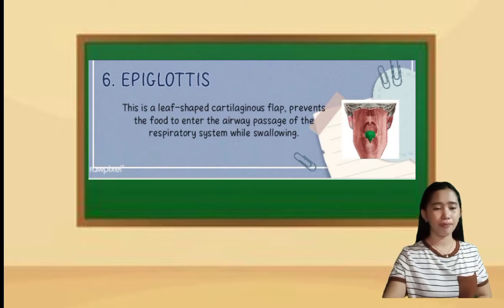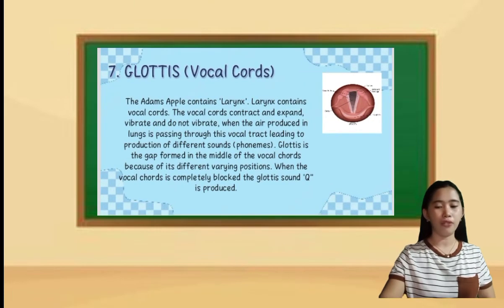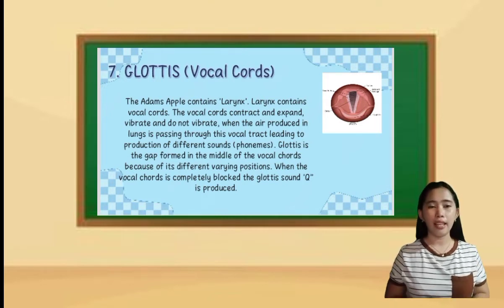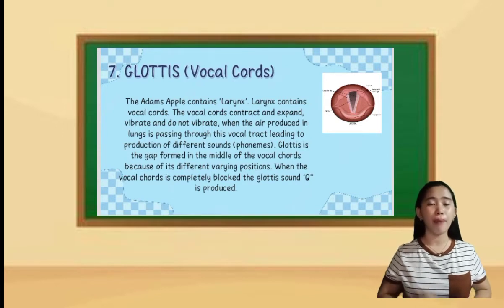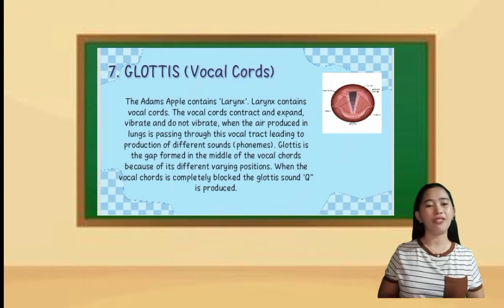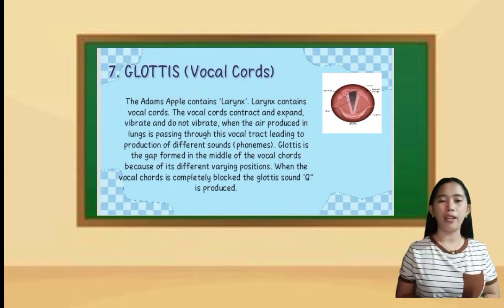Next is the glottis or vocal cords. The Adam's apple contains the larynx. The larynx contains the vocal cords. The vocal cords contract and expand, vibrate, and do not vibrate when the air produced in the lungs passes through the vocal tract, leading to the production of different sounds called phonemes.